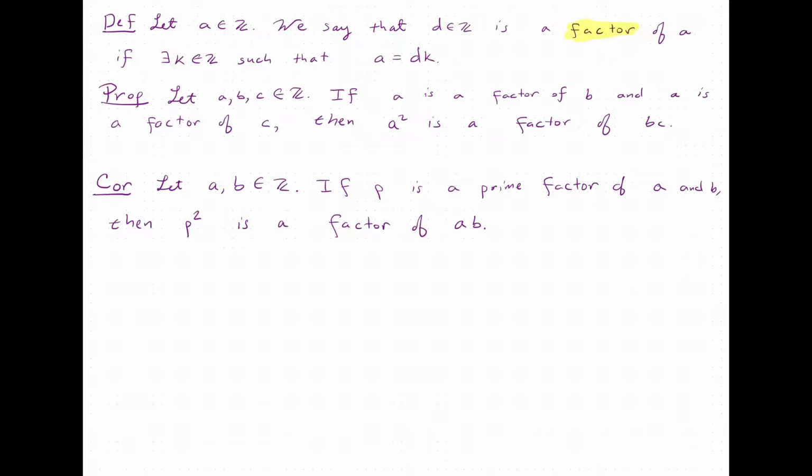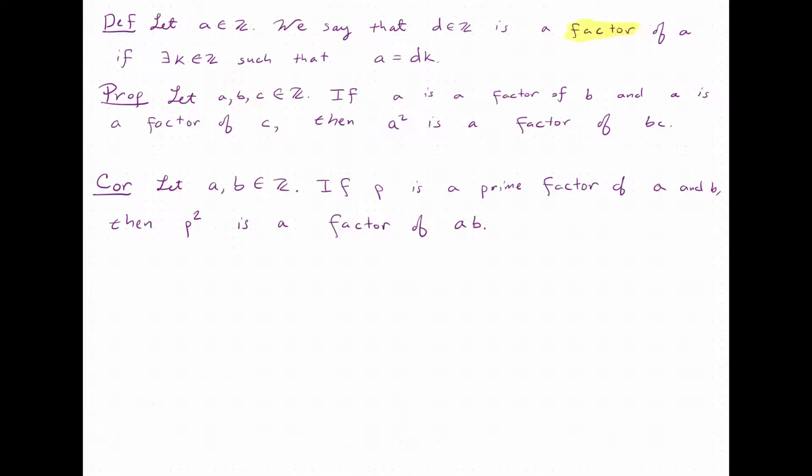So notice that this statement is really just a restatement of the proposition, where now what used to be A in the proposition is now our prime P. And we're being told that P is a prime factor of A, and so A is now B. Our old B is now A, and our old C is now B. And so then we have that P squared is a factor of A times B. So it really is a restatement.